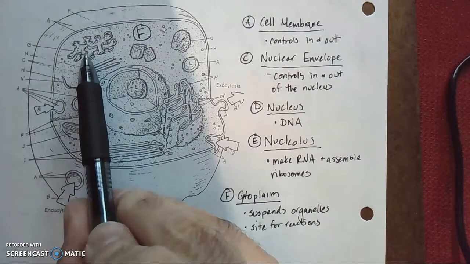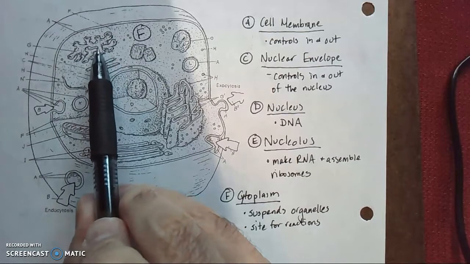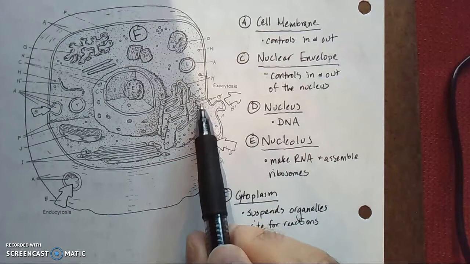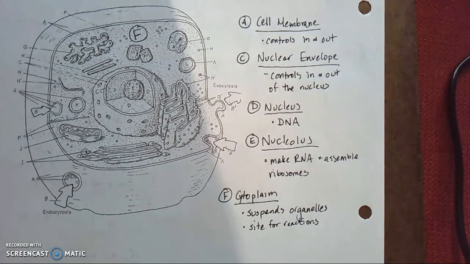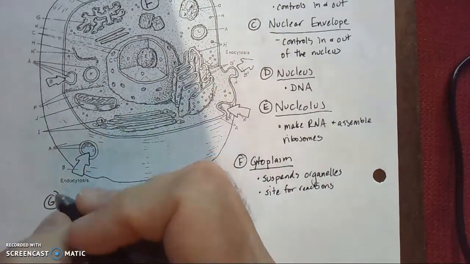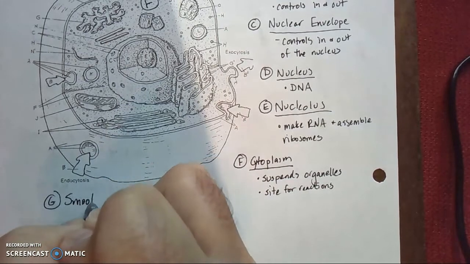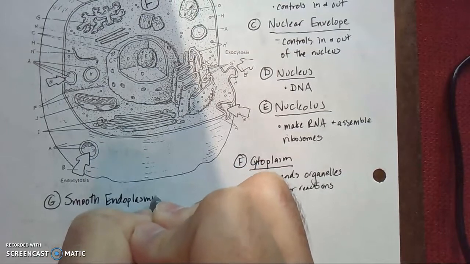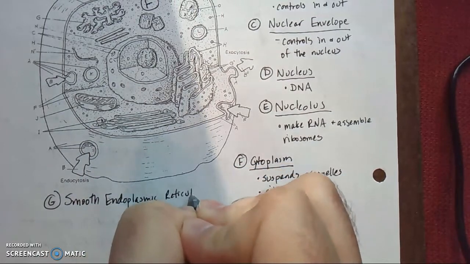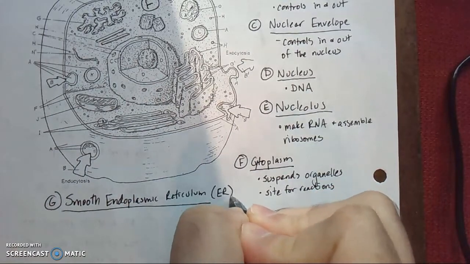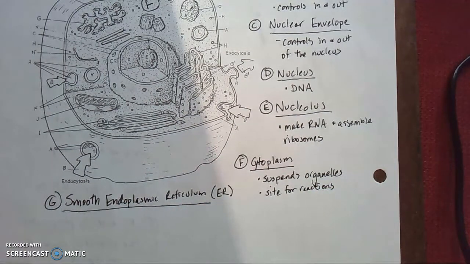If we look at letter G, it's this structure right here. Letter G and letter G prime, which is this one right here, are the same type of organelle, but we have two different versions of it. So letter G is smooth endoplasmic reticulum, which we can abbreviate ER, just to make it easier.